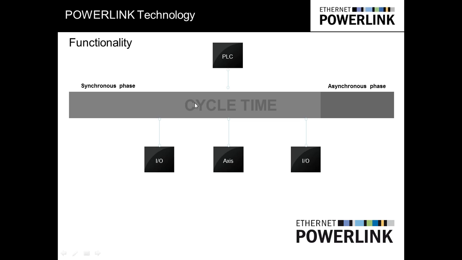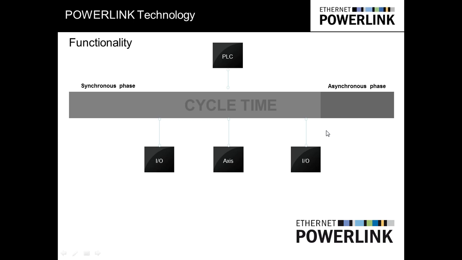This is where I might have closed loop control taking place, working with the axes of motion, and I might have some digital I/O as well. So I want all this data to be shared in real time, and I want that data to be shared every cycle. So the cycle has two components. During the synchronous phase, I share all the real-time stuff. And then during the asynchronous phase, I can do asynchronous communication.